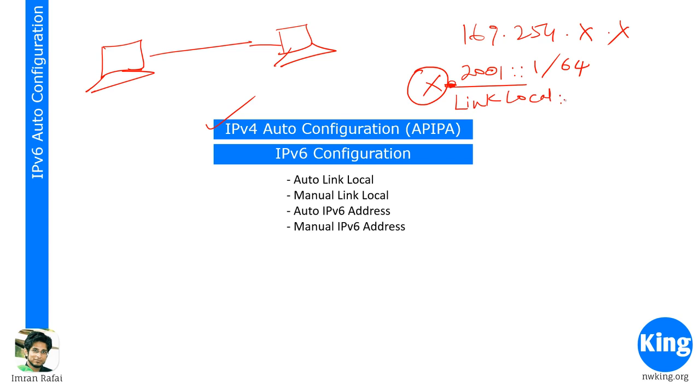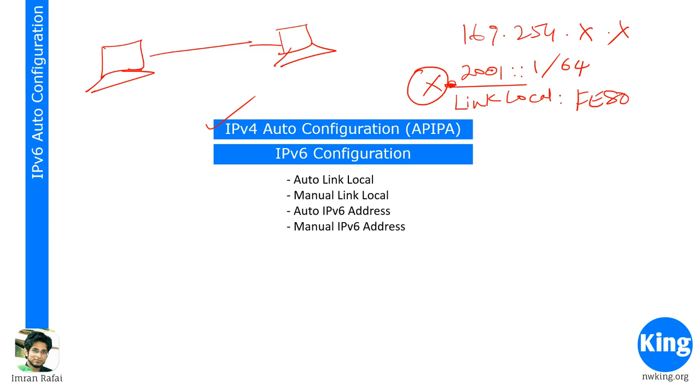Now, if you remember from our last video, link local is something that is auto-generated by the device or by that interface, and that address starts with FE80. Remember, FE80. So anything with FE80 is a link local address. That means that address is significant only to that interface. It would not be able to communicate outside that segment or that interface.